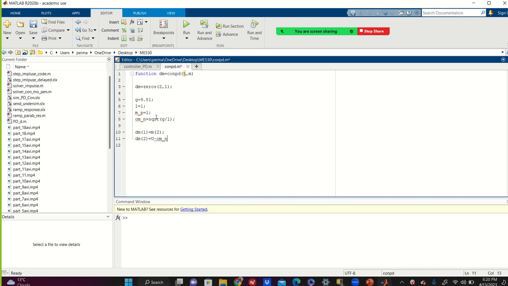You see the differential equation. What we only added is the controller.